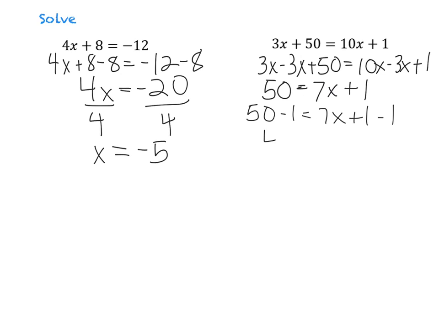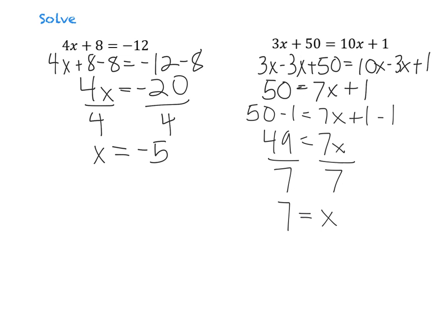And then I end up with 49. 50 minus 1 equals 49 equals 7x. And then in order to isolate x, I'm going to need to divide both sides by 7, because 7 here is being multiplied by x. And to get rid of it, I need to do the opposite to it, which is divide. So I divide both sides by 7, and I end up with 7 equals x. And so that's how you solve that kind of problem.